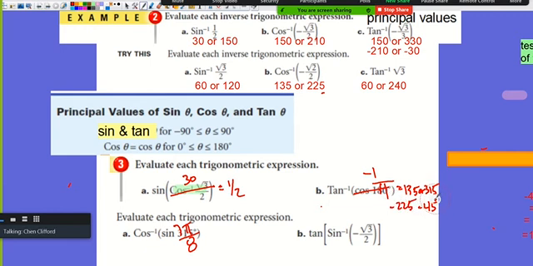The answer is going to be -45 degrees, because that falls within this criteria here.